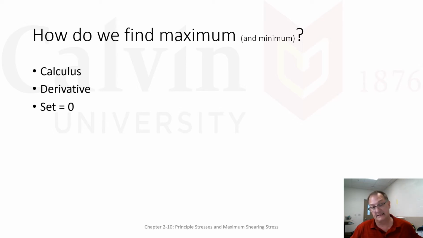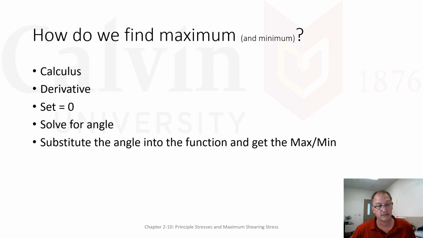So that's what we're in the process of doing. Once we solve it for the angle, then we know where the maximum is occurring and where the minimum is occurring. So buckle up.